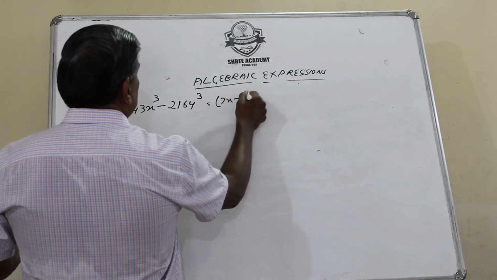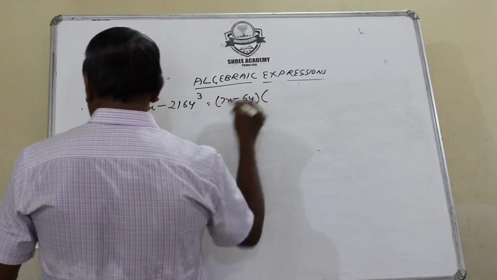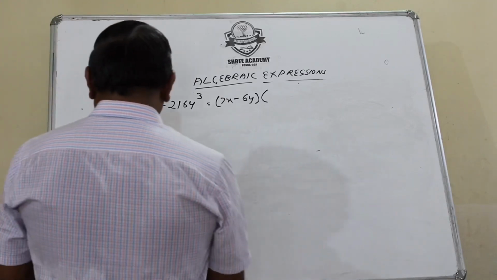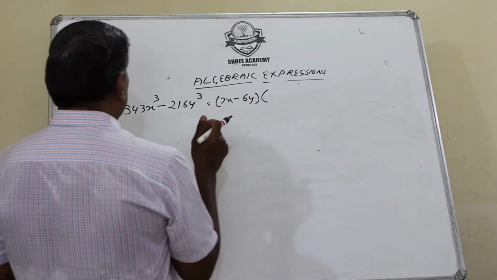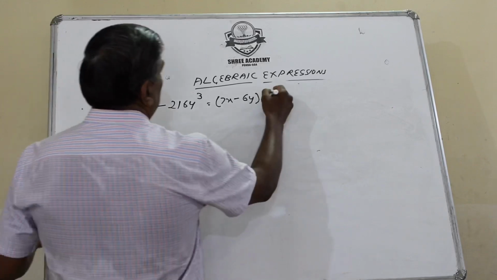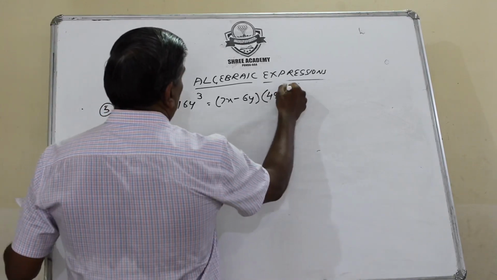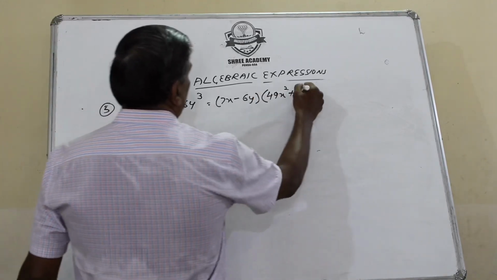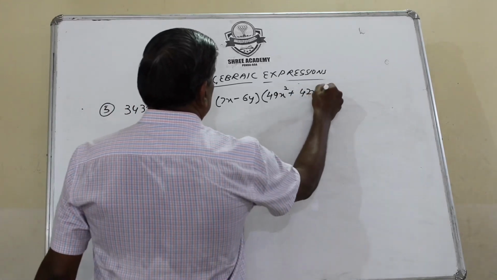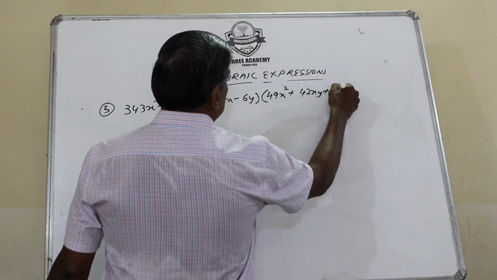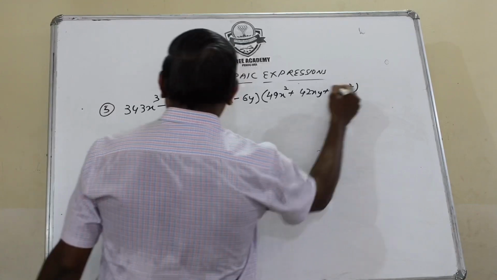So 7x minus 6y into a square plus ab plus b square. A square means it becomes 49x square plus 7 sixes are 42 xy plus 6 sixes are 36 y square.